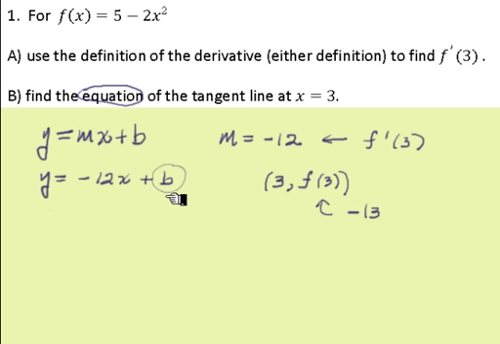In order to figure out b, we're going to substitute in the point that we have, the point on our tangent line, (3, minus 13). Substitute 3 for x and minus 13 for y. So let's do that.